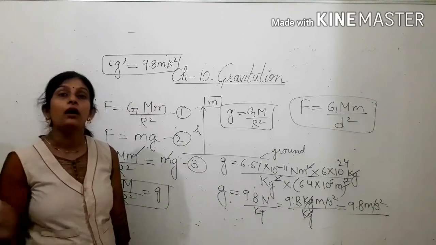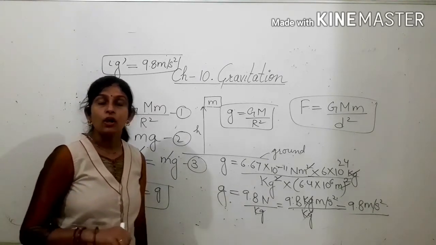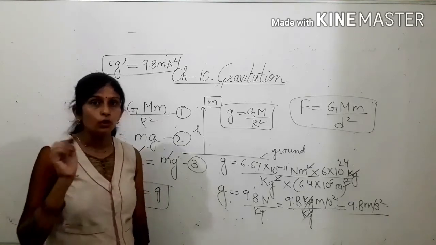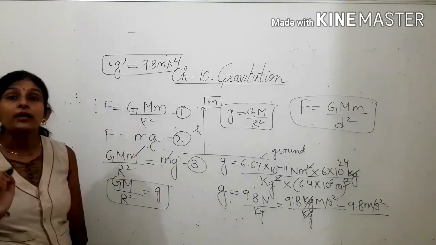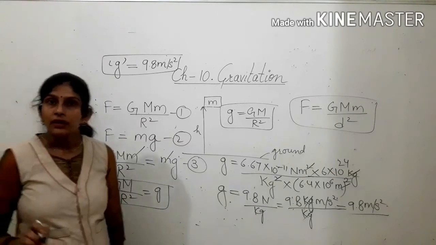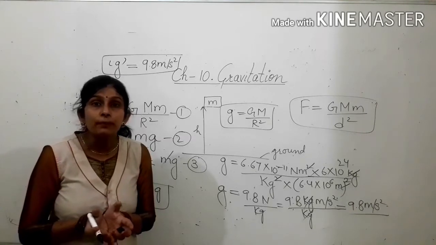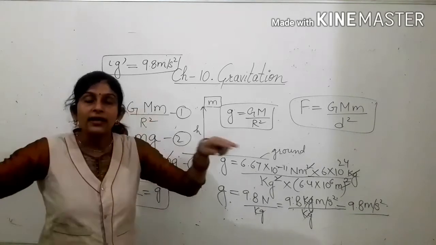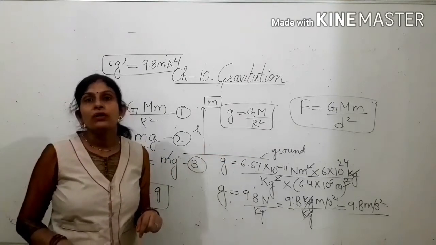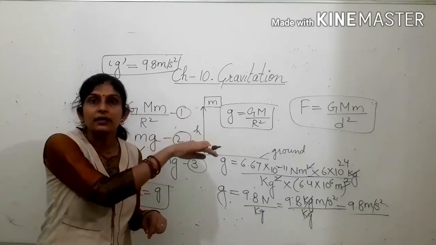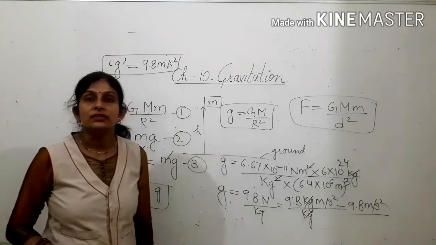So this is the constant value of small g, means acceleration due to gravity, that is 9.8 meter per second square on earth. Now is this value constant all over earth? No, not at all, because earth is not a perfect sphere. It is longer at the equator and shorter at the poles. So radius at the equator is more than the radius at the poles.